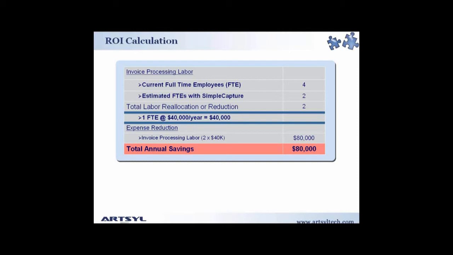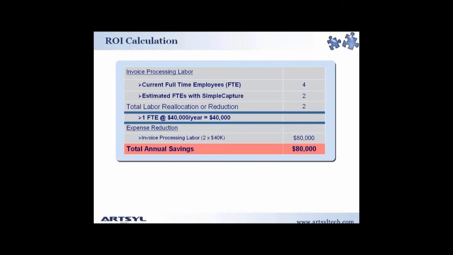If you're in a growth mode, you can double your volume with the same amount of staff. So either way, the calculation is basically the same. In this case, if today it takes 4 full-time AP clerks to process your invoices, with SimpleCapture we would estimate only 2 would be required.